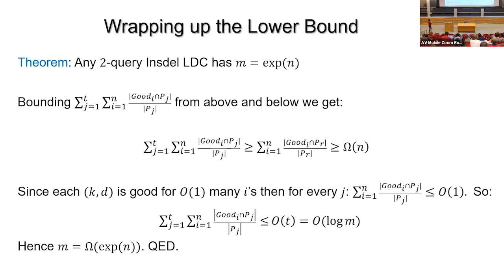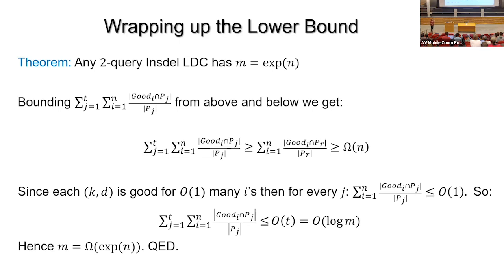And from above, because each good query is good only for a few I's, we get an upper bound that is log t. So from here, we get that m is exponential in n. So we proved an exponential lower bound for two query Insdale LDCs, which I already told you is not interesting because we already had it.